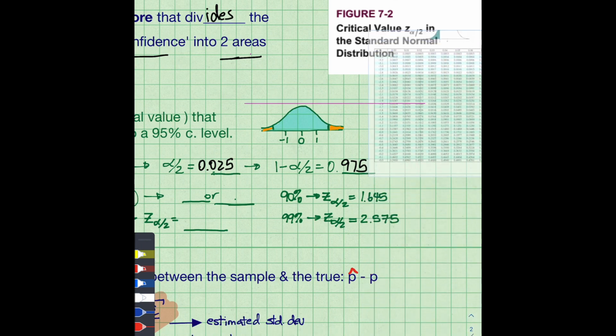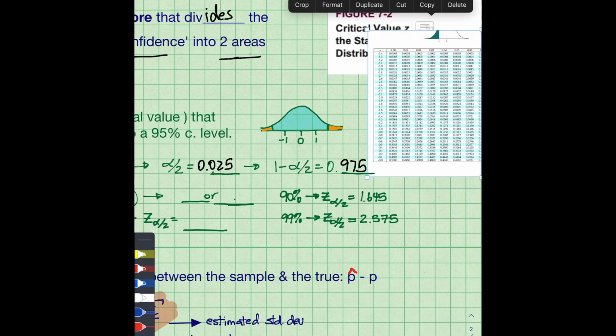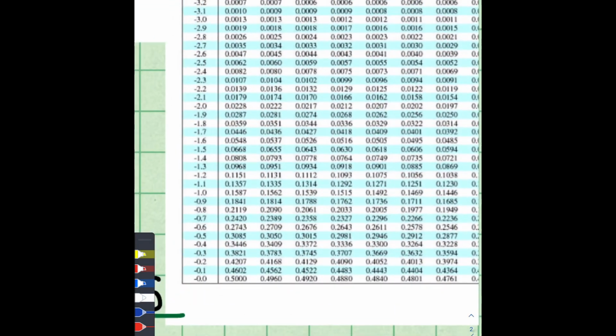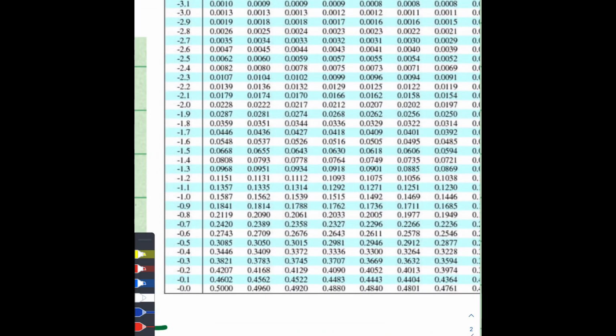Let me put it over here for now. And again, let's zoom into that area. So negative 1.96. All right? But there's the value that we were looking for, 0.025.